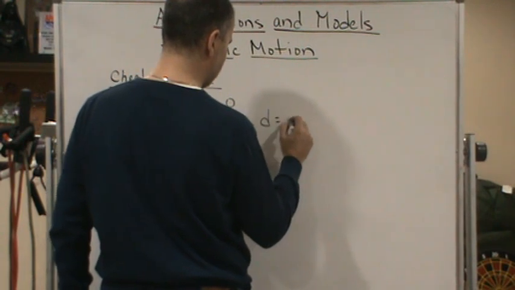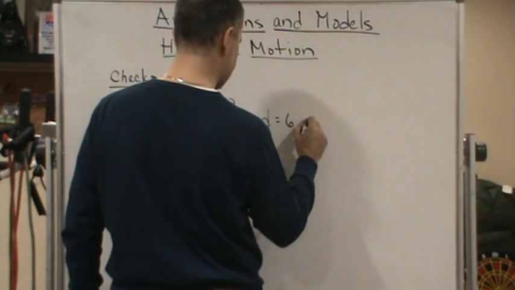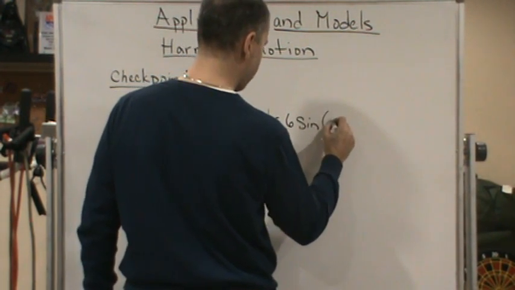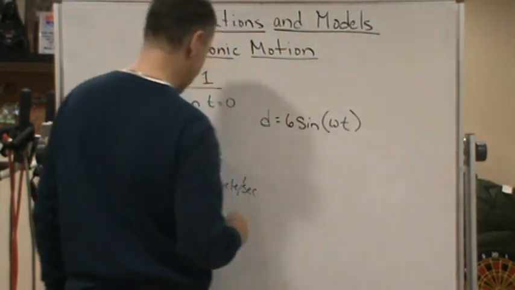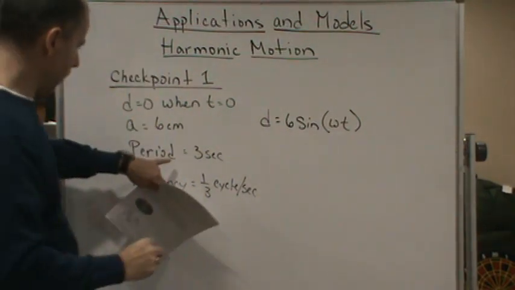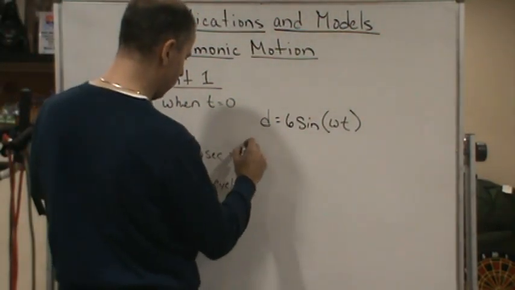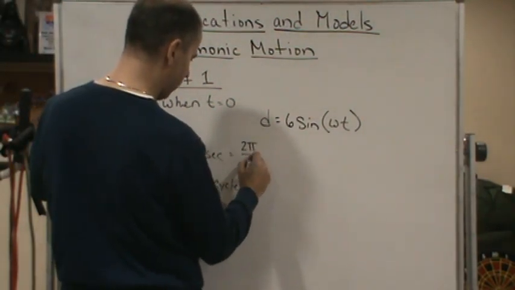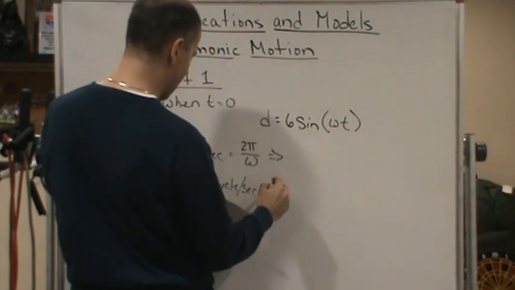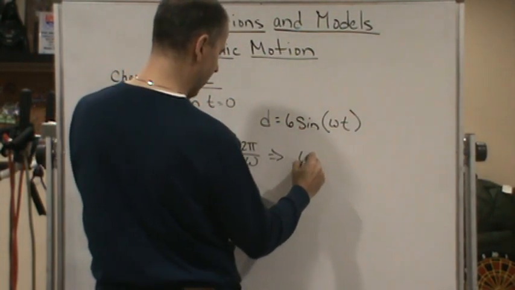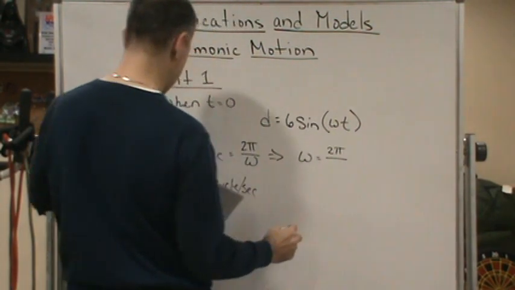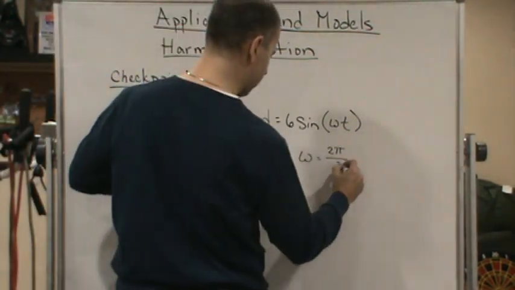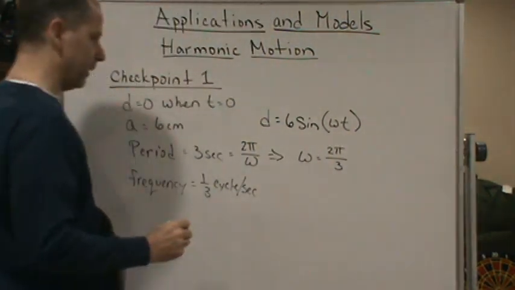So d equals 6 sine of omega t. And of course, we've got to figure out what omega is. Remember, the period is equal to 2 pi over omega, which then implies that omega is equal to 2 pi over the period, which is 3. And so omega is going to be 2 pi over 3.